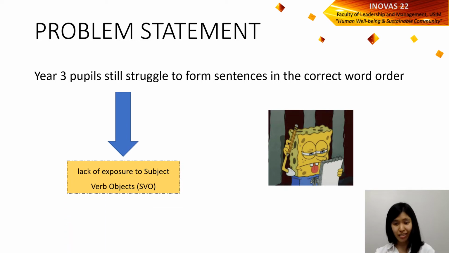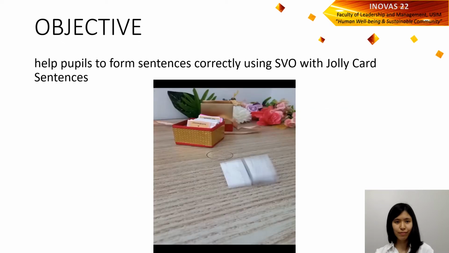The reason behind this is a lack of exposure to subject verb object, or what we call SVO. So our objective is to help pupils form sentences correctly using SVO with Jolly Card Sentences.